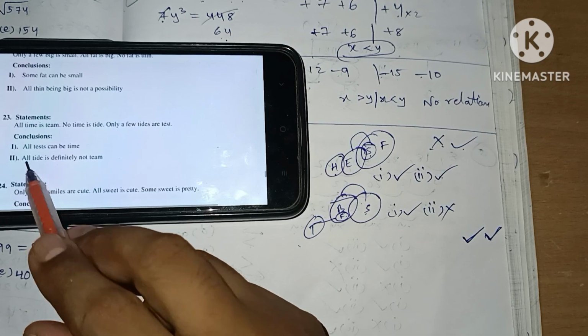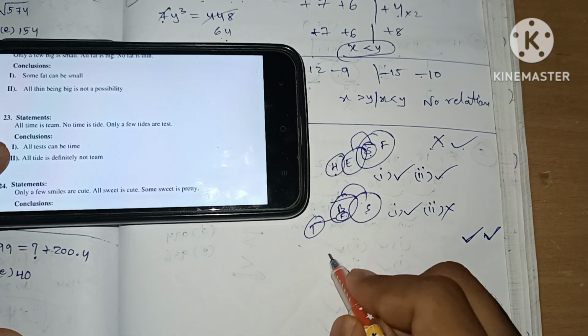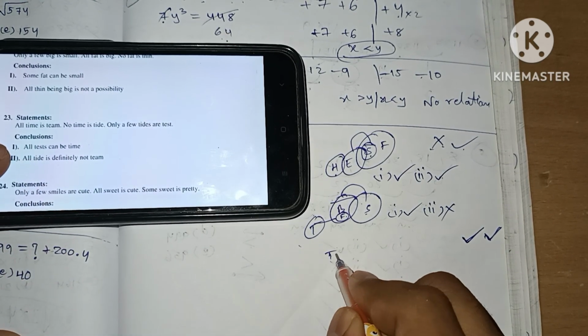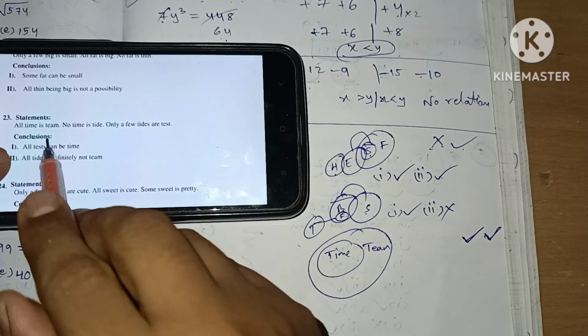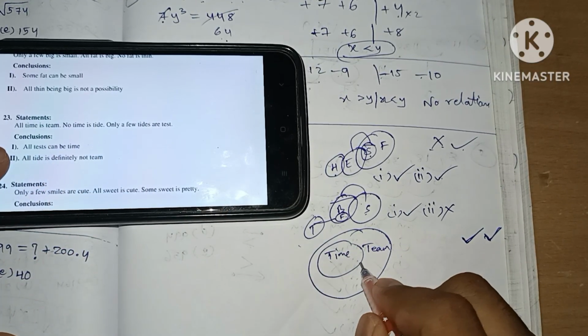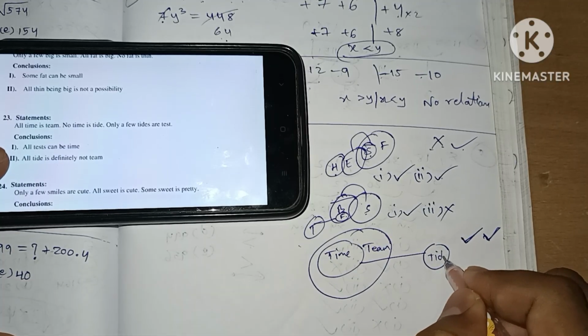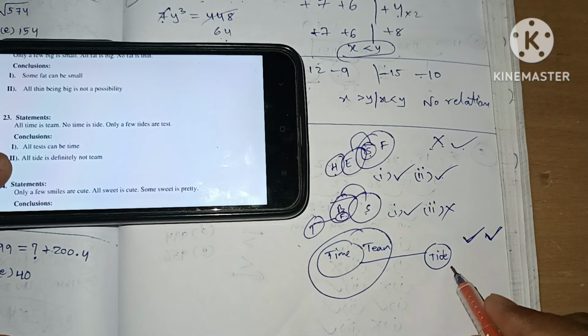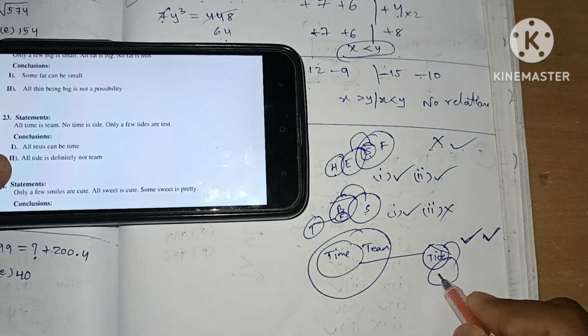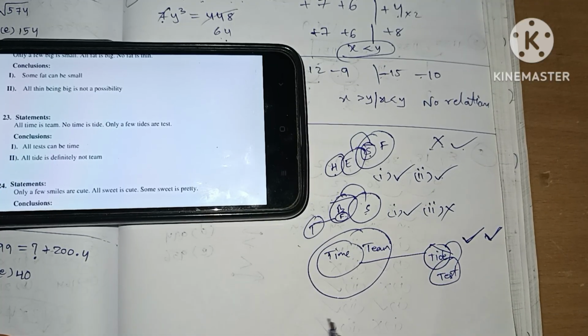Next, third one. All time is team. No time is tide. Only a few tides are tested. Let's see the conclusions.